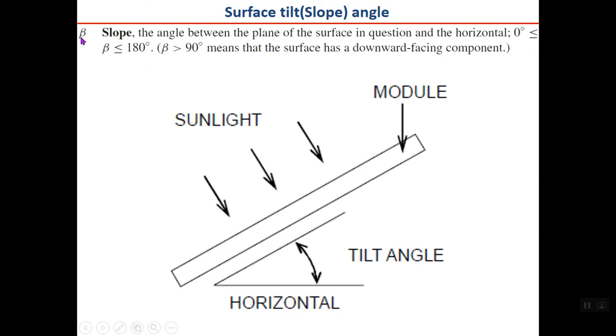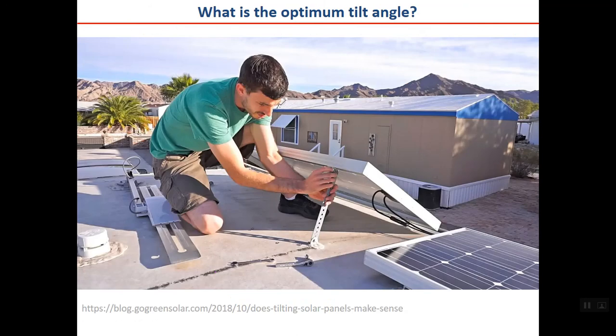We show slope or tilt angle with beta in this book or course, and it is the angle between the plane of the surface in question, which may be a module or collector, and the horizontal. There may be a downward facing component, but it is not useful for us. In actual situations, the surface tilt angle may be somewhere between 0 and 90.